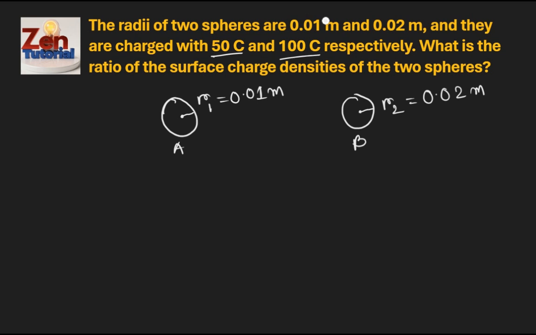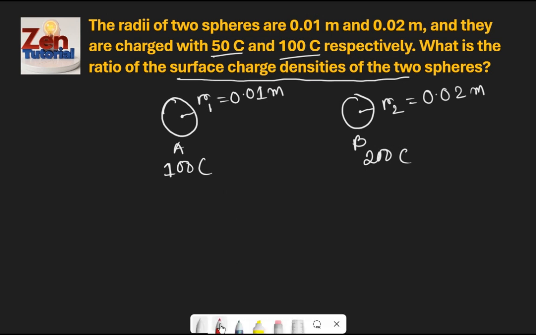So this is comparatively smaller. Charge also smaller compared to the second one, which is actually 200 Coulomb. What is the ratio of the surface density of the two spheres? It means here the charge density, here also the charge density, right, around this sphere. This density ratio we have to determine.